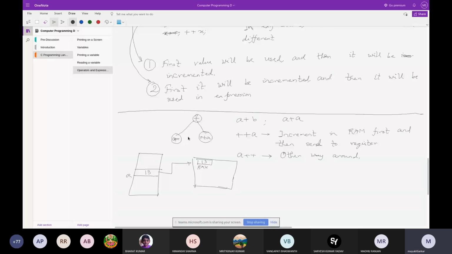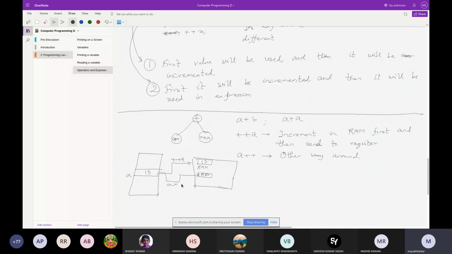Then a plus plus. Observe here, a plus plus will be evaluated later, as you can see from this machine. So in that case, this 13, a plus plus means what? First, it will be sent to a register. Suppose it is sent to another register, RBX. Now, this is for the plus plus a. Now, for the a plus plus, it will be sent to the RBX, and then it will be incremented in memory, 13 to 14.